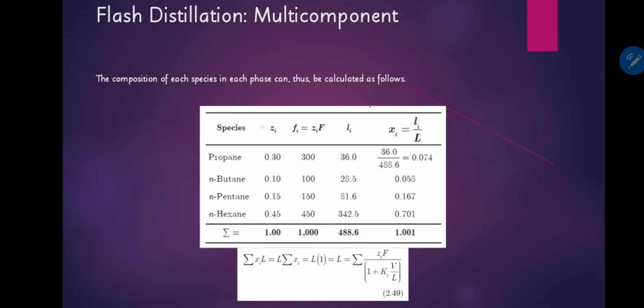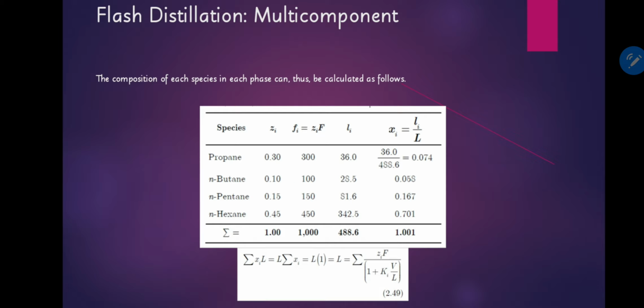If the composition of the feed is multiplied with the flow rate of the feed, what do we have? The flow rate of the species i, or Fi. So this is 0.3 multiplied by 1000, that will give you 300. 0.10 multiplied by 1000, that's 100, and so on and so forth.